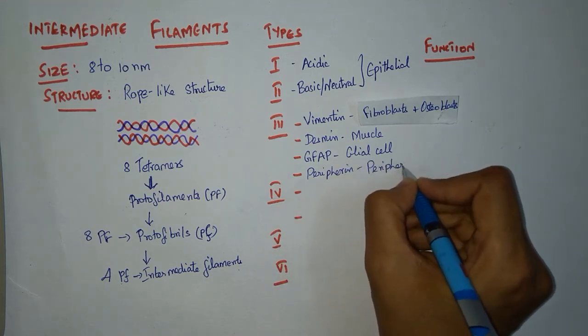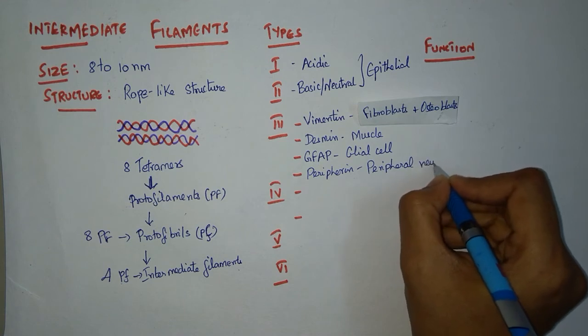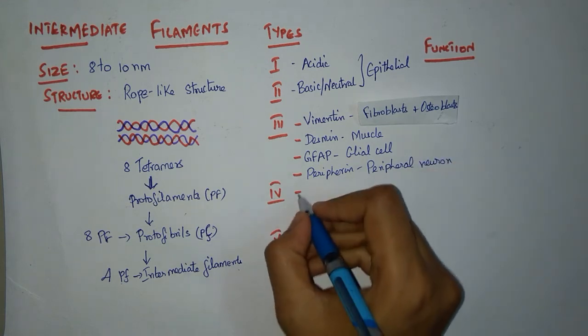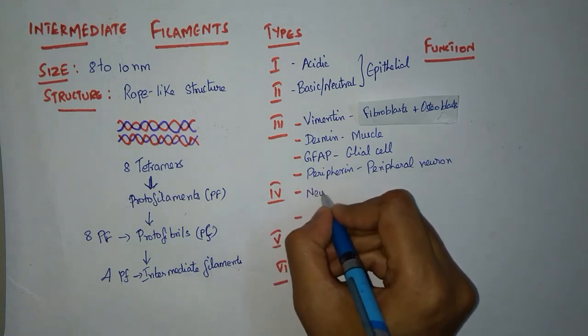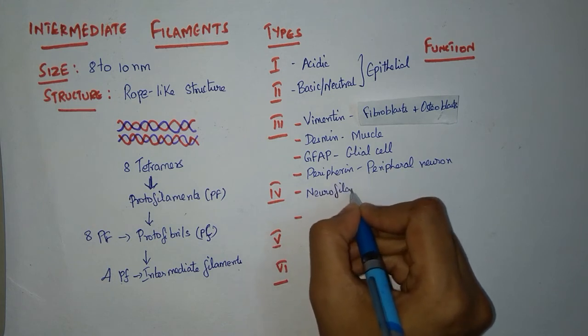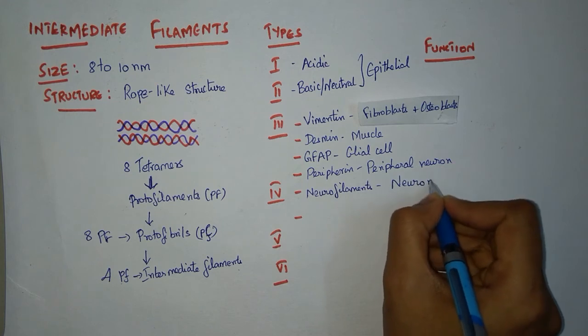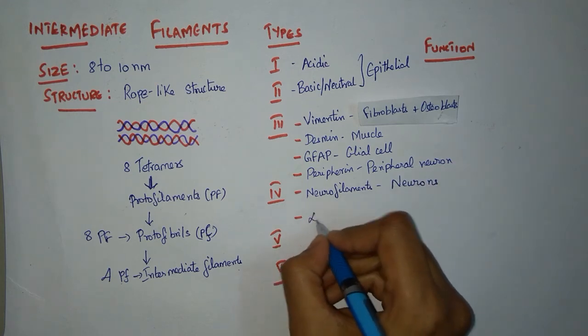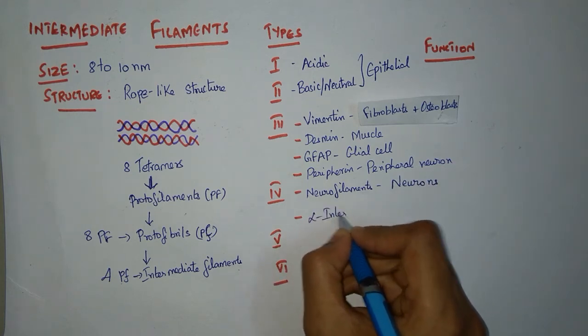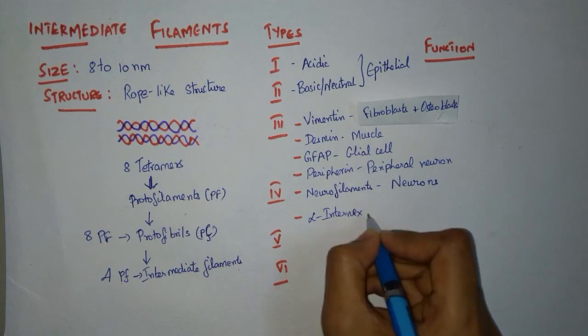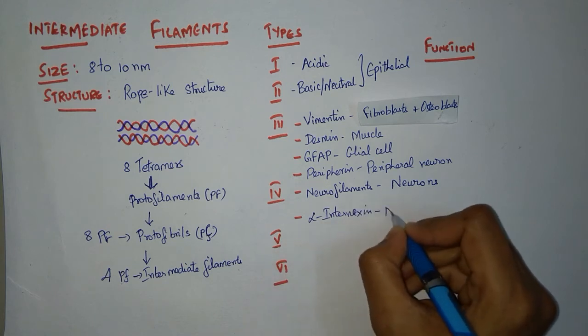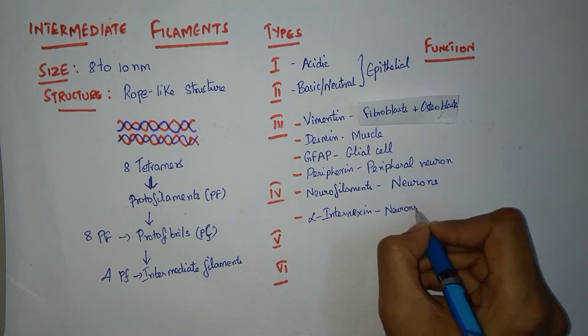Then we have the fourth type, which is the neurofilaments. Neurofilaments are again present in the neurons, and then we have the alpha internexin, which is also present in the neurons. Then the next type is type 5.